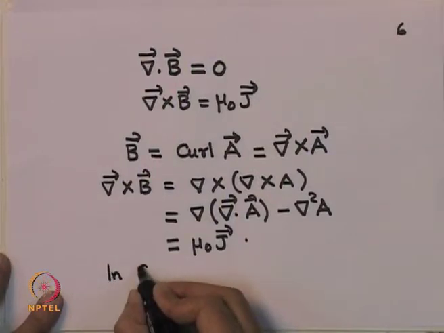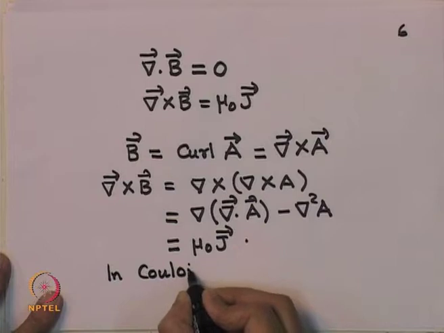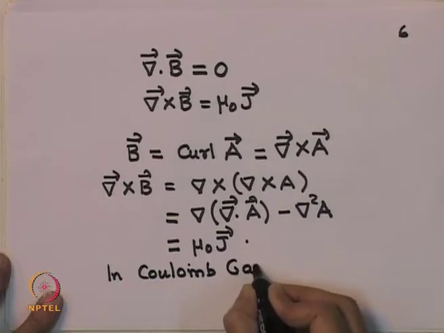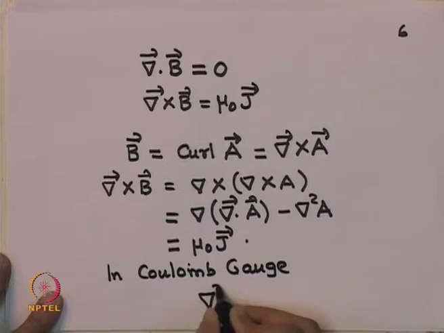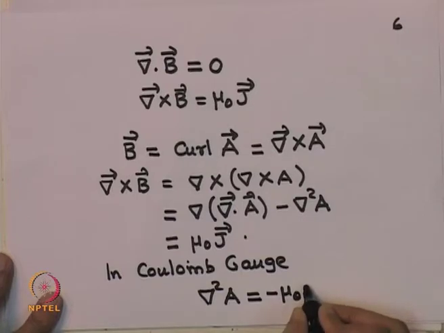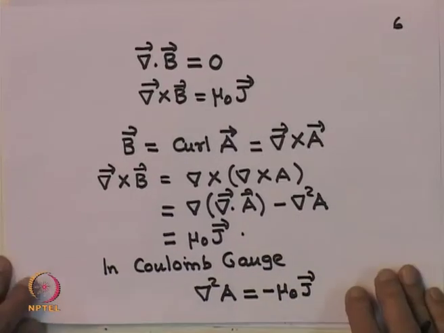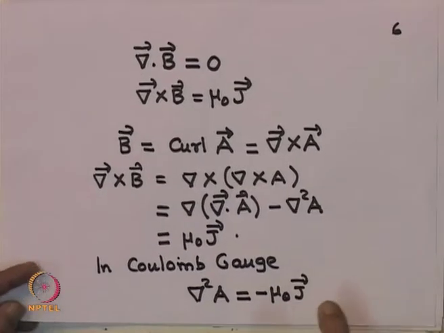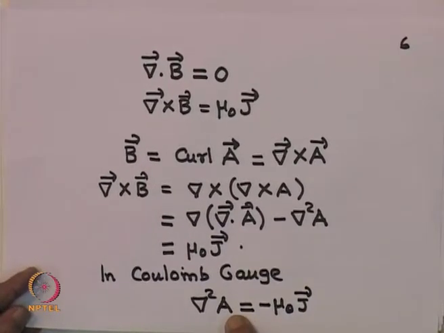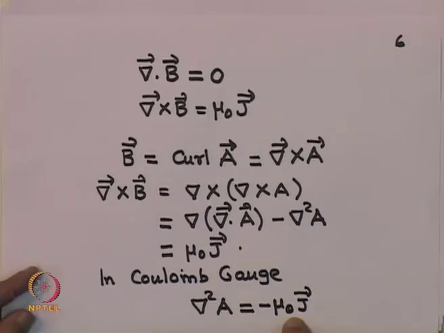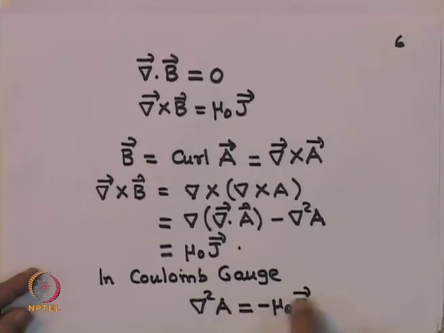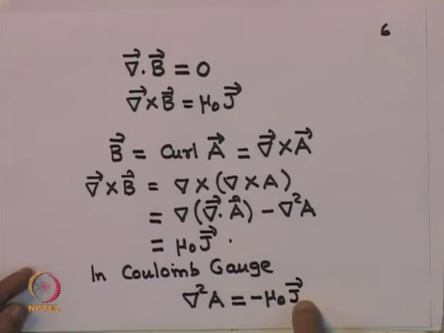So, in Coulomb gauge, I must have del square of A equal to minus mu 0 J. Therefore, the vector potential A in this gauge satisfies a Poisson's equation. I know the current distribution, and del square of A equal to something is nothing but a Poisson's equation.